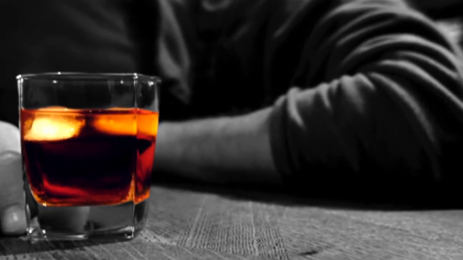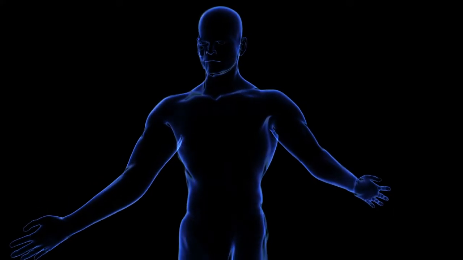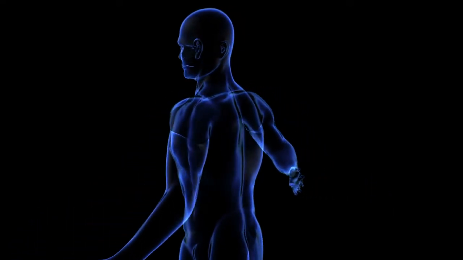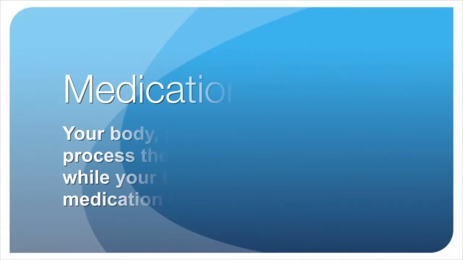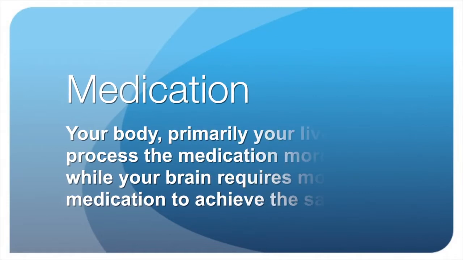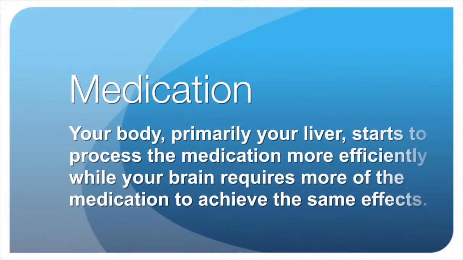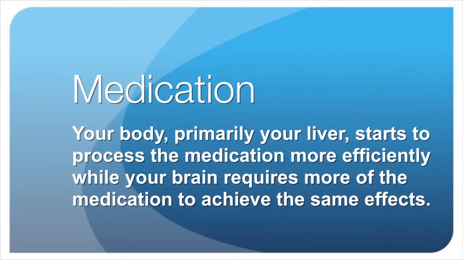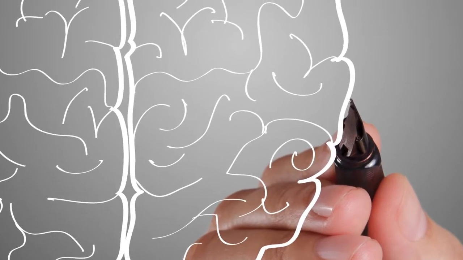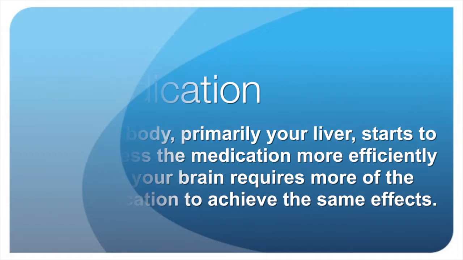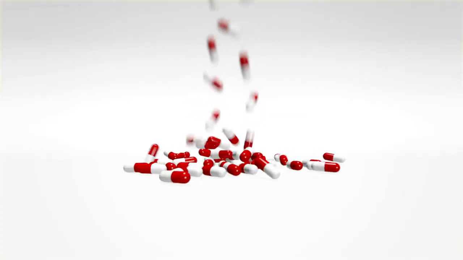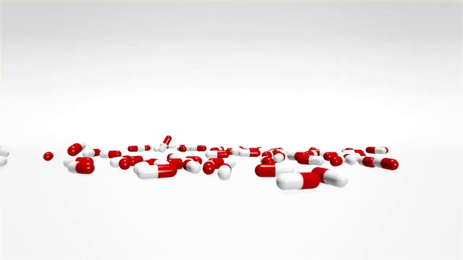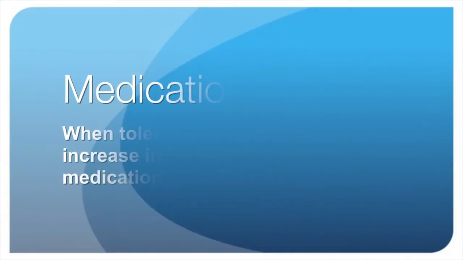Part of the reason tolerance develops is because your body gets more efficient at metabolizing the medications. And the organs that the medication is affecting start to become resistant to the medication effects. So the nervous cells and the brain start to shut off their responsiveness to the drugs. Ultimately, what this means is to see the same effect from your medication, you would need to take a higher dose.